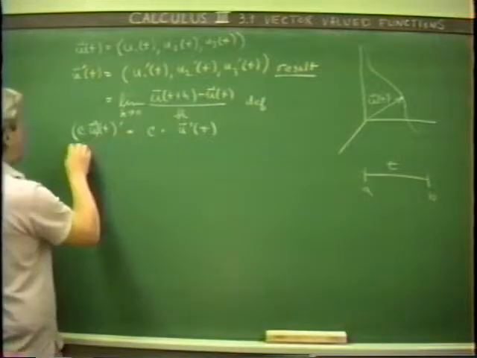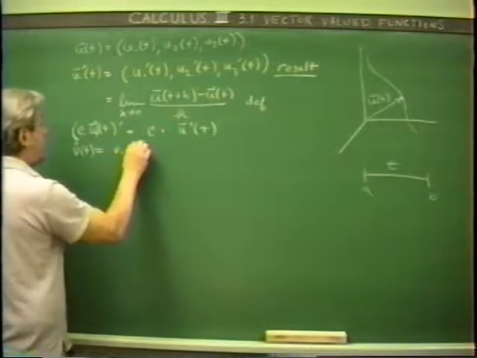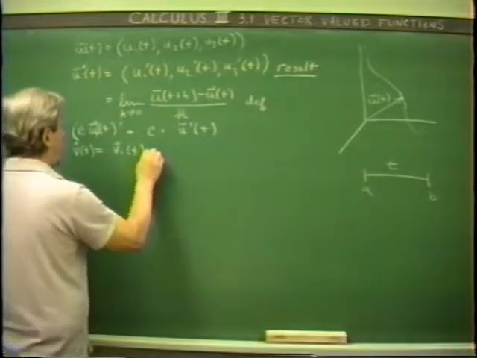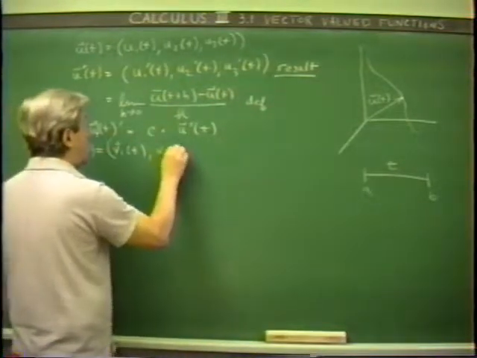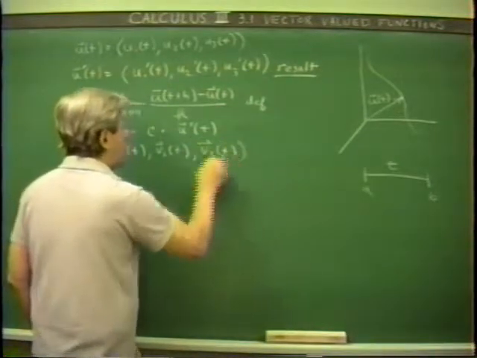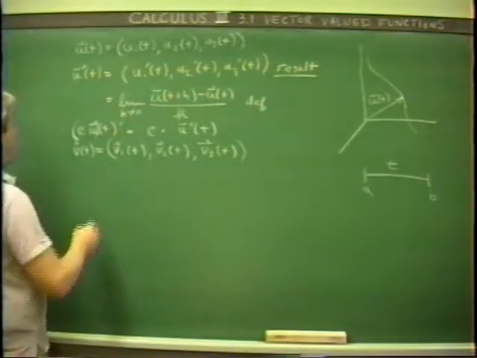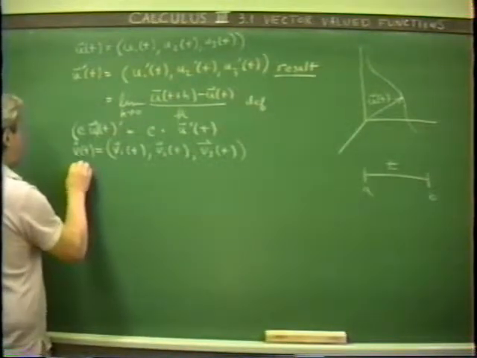Similarly, if we've got v of t equal to v1 of t, v2 of t, v3 of t, then we can look at the dot product of u and v.